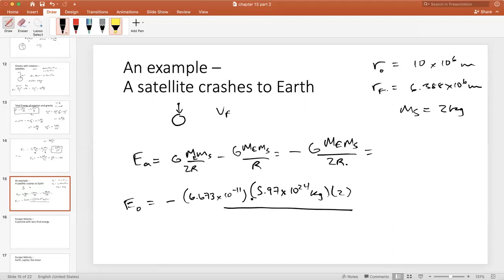And initially we said it was at 10,000 kilometers, which is 2 times 10 to the 7th. And we can see that this ends up being 24 minus 13 minus 11, 13 divided by 6, so something times 10 to the 7th. 6.67 times 5.97 times 2 divided by 20, and I get 3.98 times 10 to the 7 joules with a negative sign.